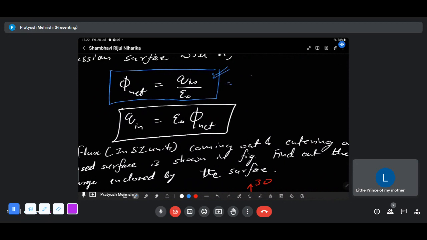So this is equal to the surface integral of E dot ds. Using these two, now we can calculate the electric field. We will take this on that side and we will calculate the electric field. So this is Gauss law.